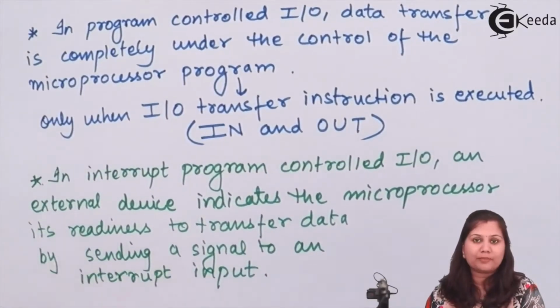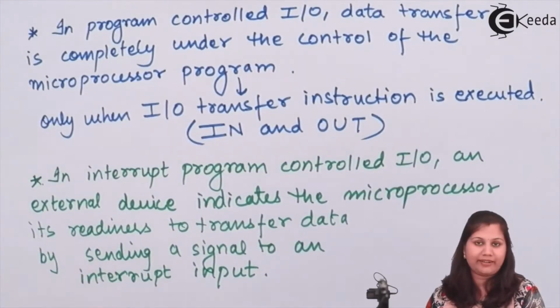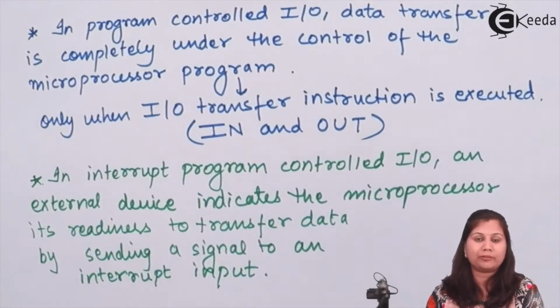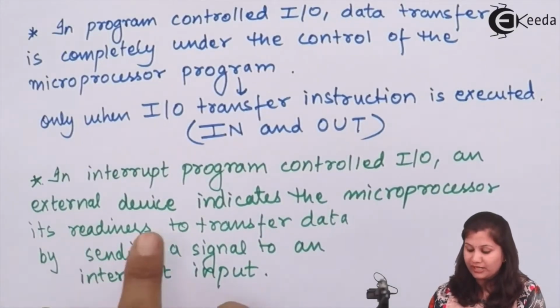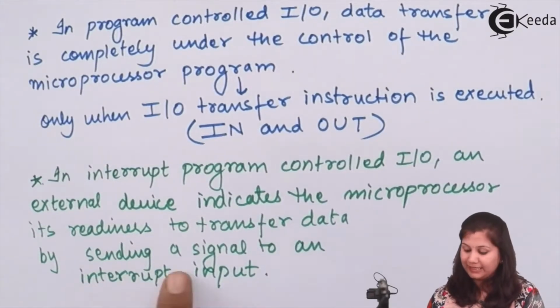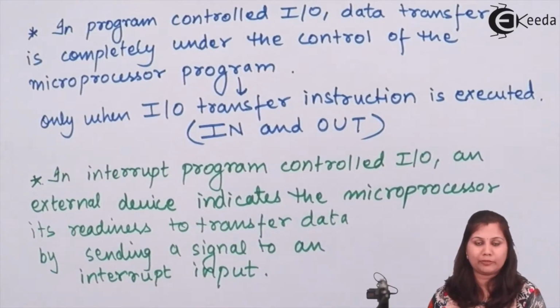So in the interrupt program controlled method, an external device will indicate to the microprocessor that it wants the microprocessor to communicate with it. It wants the data transfer to take place. So it is going to send a signal which indicates that it is ready for the data transfer, by sending a signal to an interrupt input pin of the microprocessor.